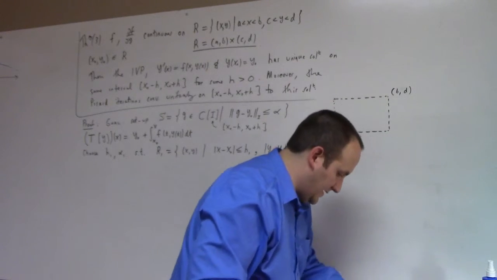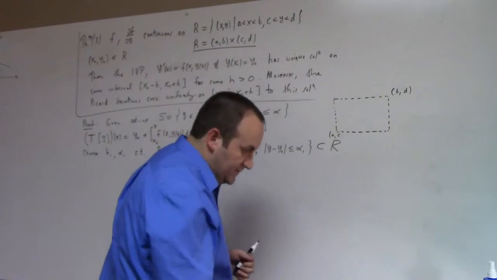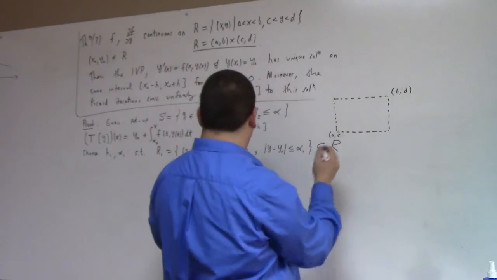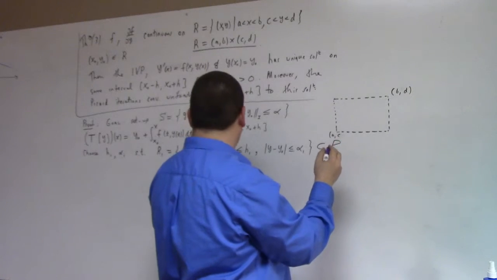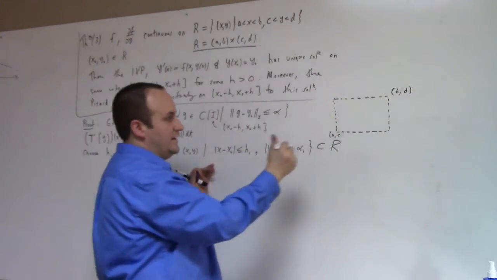R1 is a closed rectangle, and it's also symmetric about the point x naught, y naught.